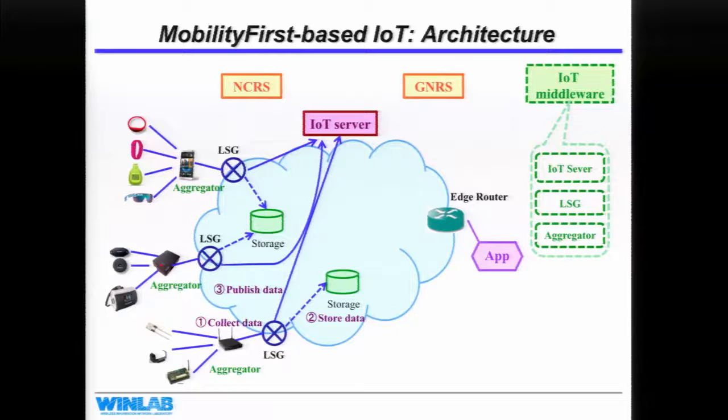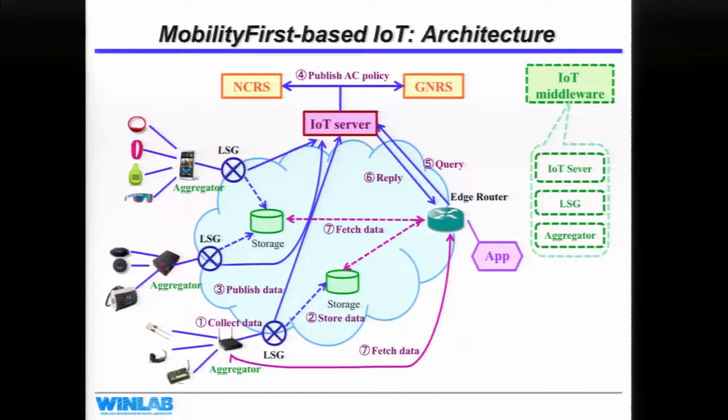The IoT server can choose to enforce the access control itself, or push it to the NCRS or the GNRS. IoT applications can go to the IoT server asking for IoT data and the service information. With that information, the application can go fetch the data, either from the data storage location or from the aggregator directly for real-time data.